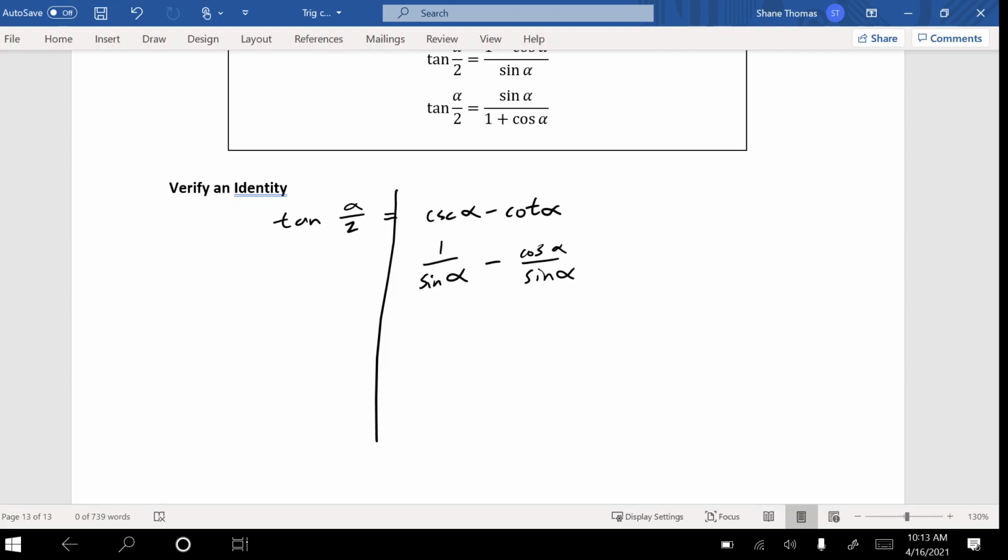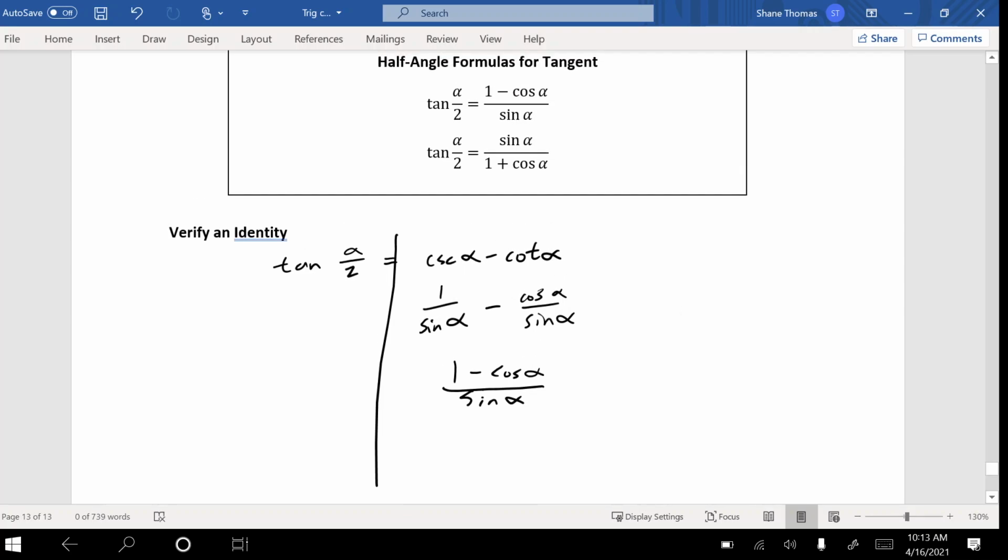Now, do I have like terms in the bottom? I do. So I have the sine of alpha, and on top 1 minus the cosine of alpha. Well, look at that, and look at this. Isn't that the same thing?